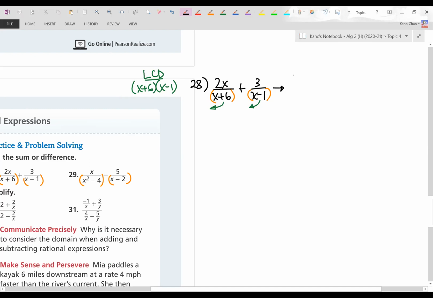This is an expression now. 2x over x plus 6 times something plus 3 over x minus 1 times something. First fraction, I'm missing an x minus 1. See, that's the LCD there, okay? I'm missing an x minus 1. Got to multiply top and bottom by x minus 1 to patch the denominator. Second fraction, I'm missing an x plus 6.